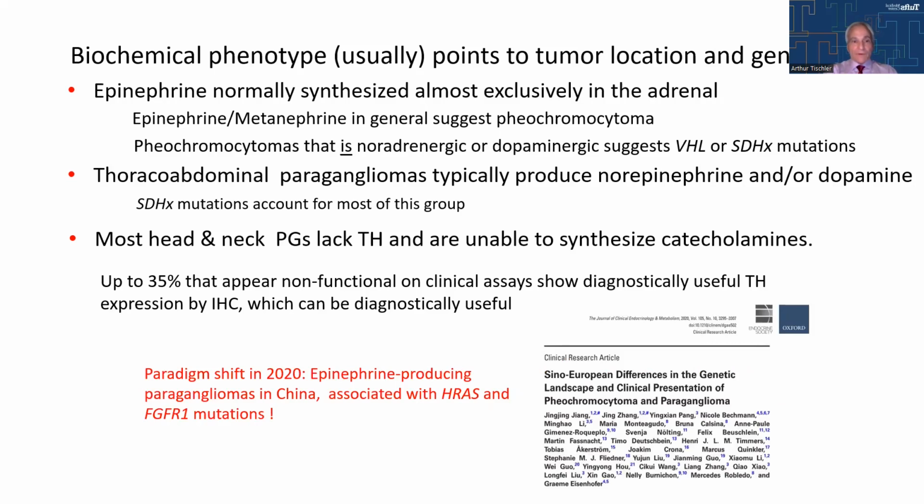I mentioned the epinephrine-producing paragangliomas in China. Most of these appear to be associated with somatic HRAS and FGFR1 mutations. And this is a story that is just beginning to develop.